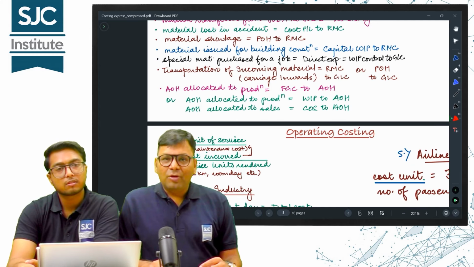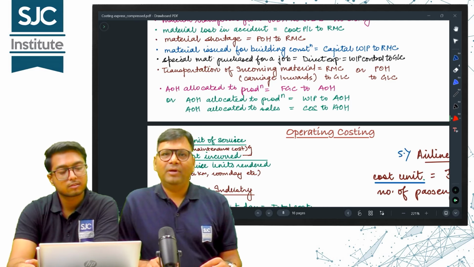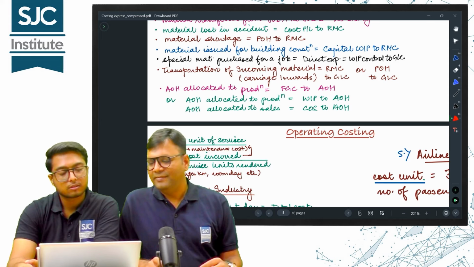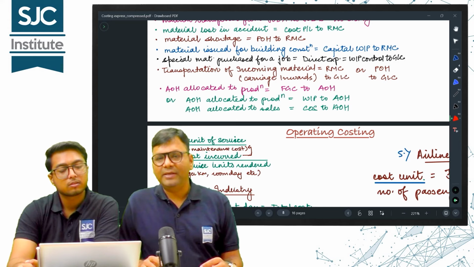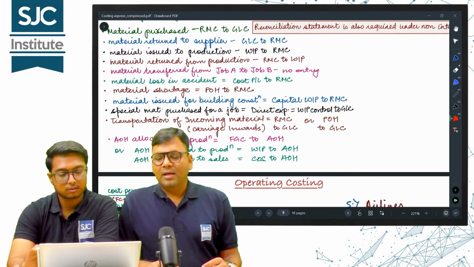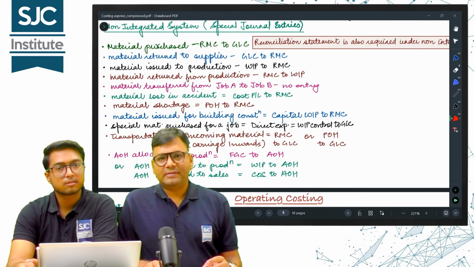If you are allocating your overheads to production, it means production is receiving, that is WIP debit to admin overhead. Allocated to sales will be cost of sales to admin overhead. So this way you can think of any number of journal entries.